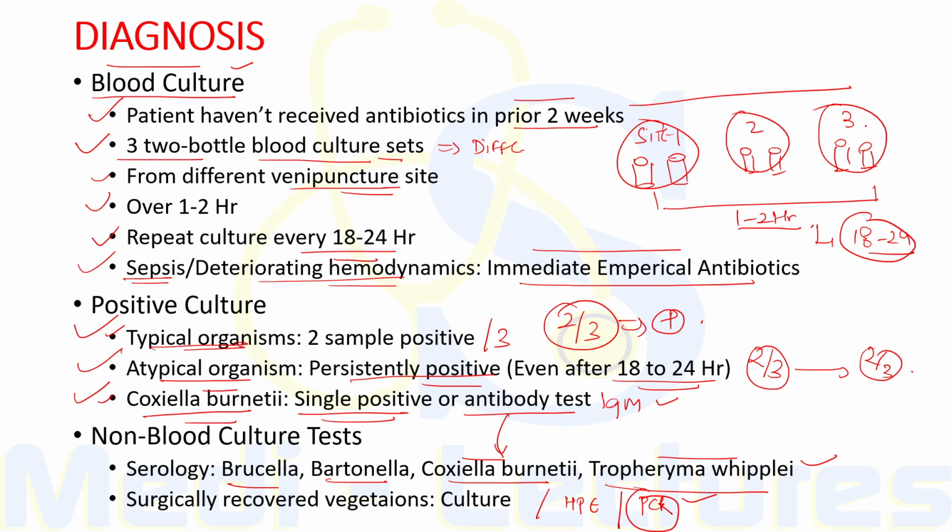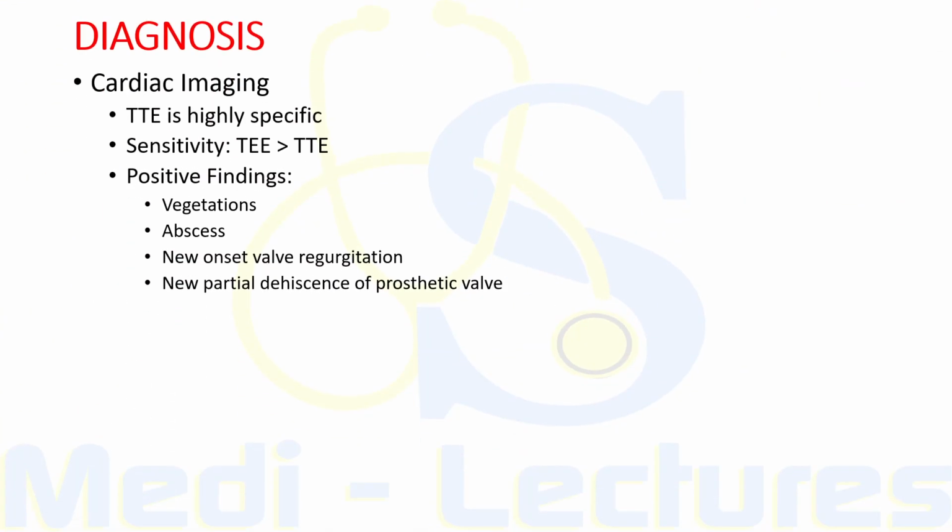So among the major criteria, we have blood culture and echocardiography. We have discussed blood culture. Let's now discuss echocardiography. It is crucial for anatomically confirming and measuring the vegetations, detecting any intracardiac complications, and assessing cardiac function.